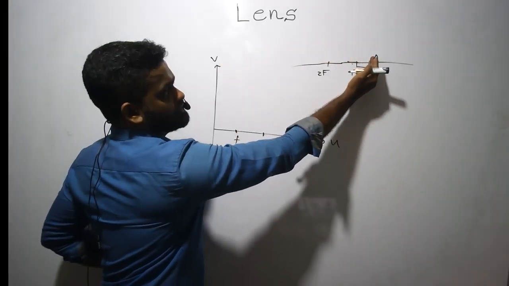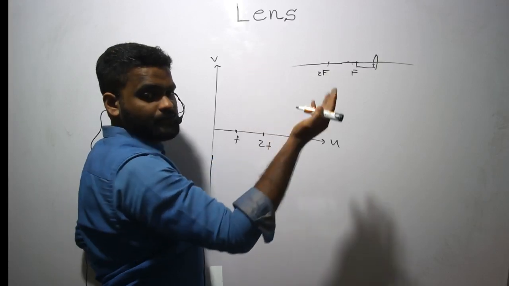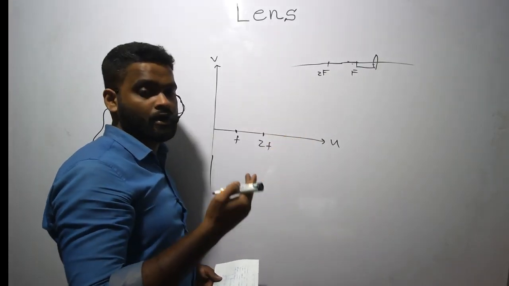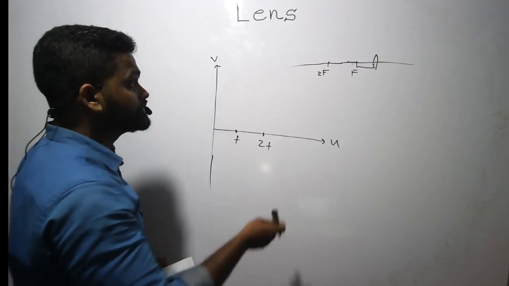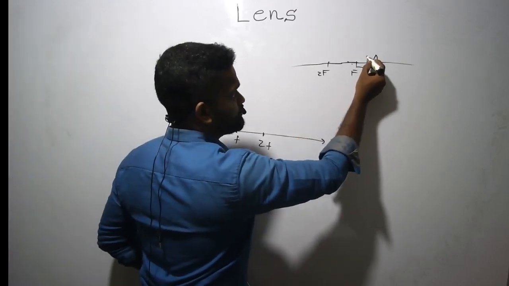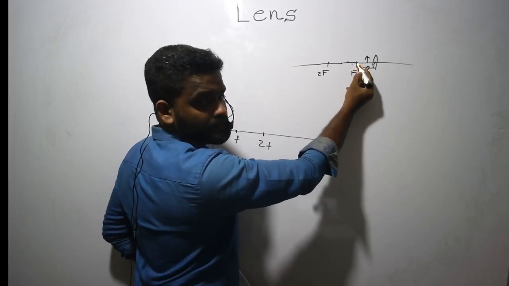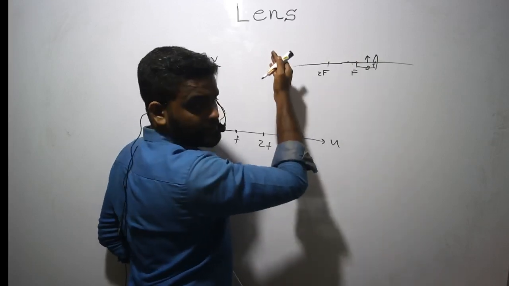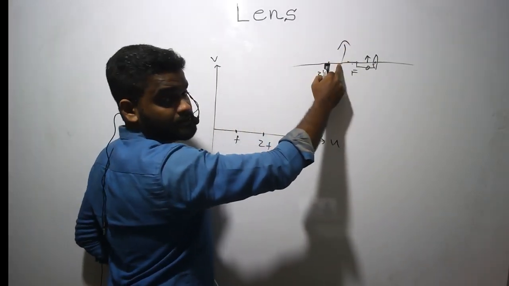So you are placing the object somewhere in this region, and we check what happens to the image. You know that when you place the object between lens and the focus, it always creates virtual images behind.